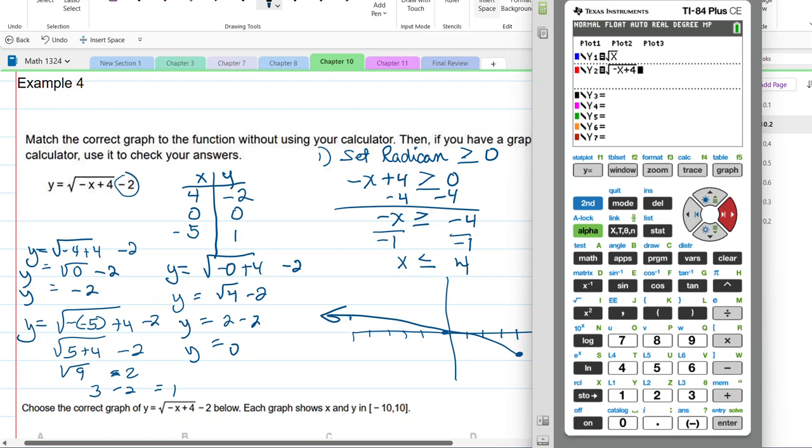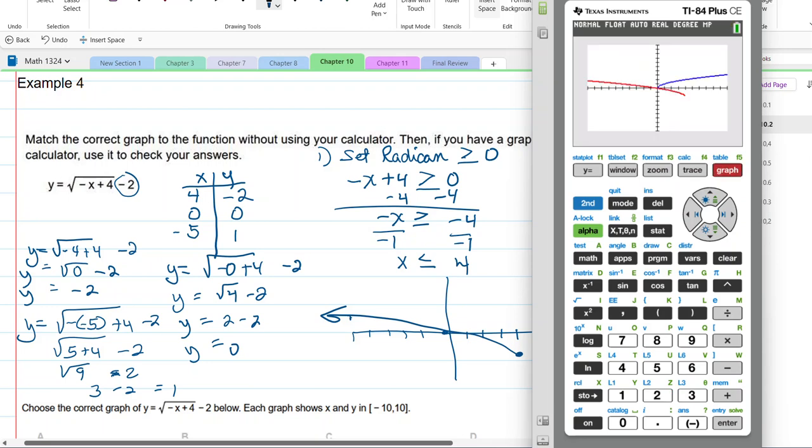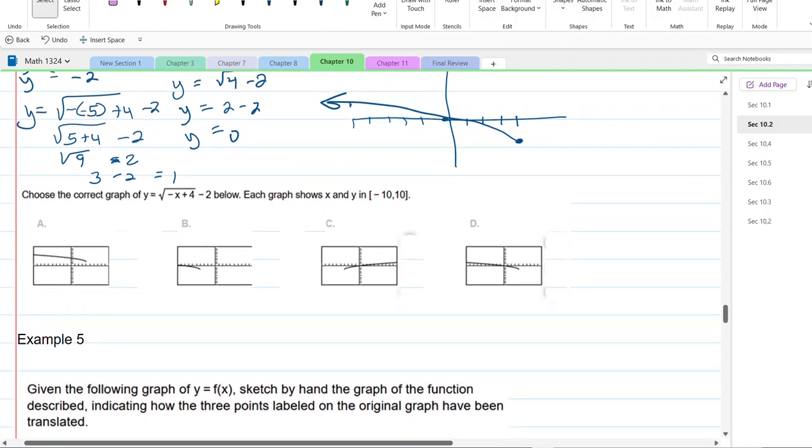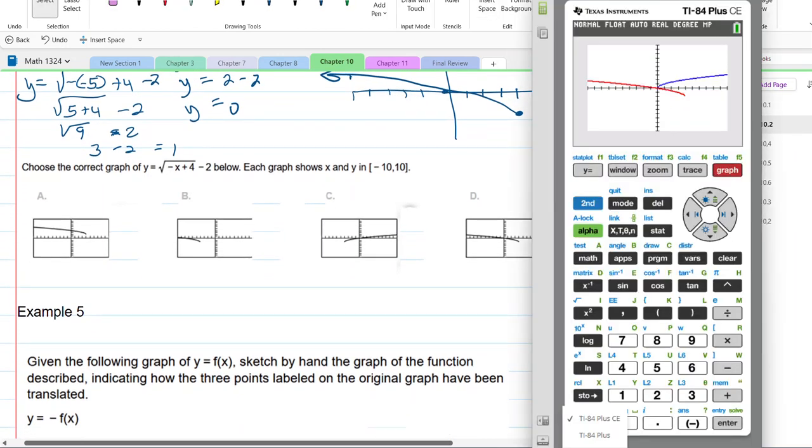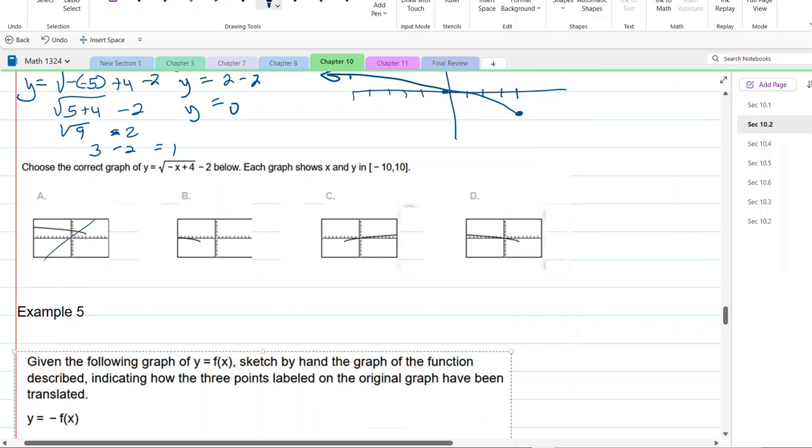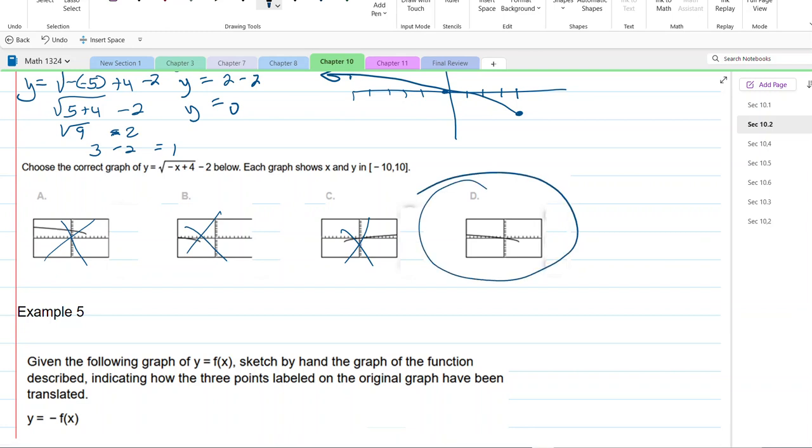And I have to do a side arrow to make sure that the minus 2 is by itself outside of the radical. I'm going to graph it. And there it is. That's exactly what we have. And we would match it to what we have here. And it's not this one. It's not this one. It's not that one. It is that one.